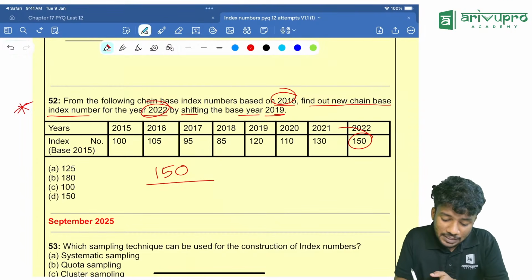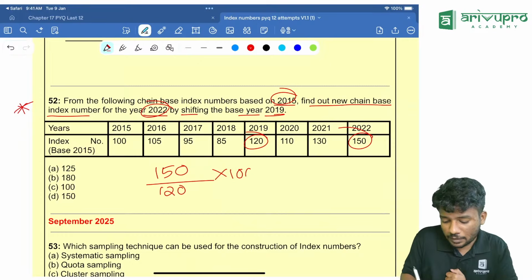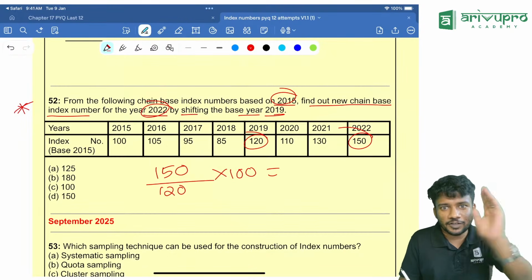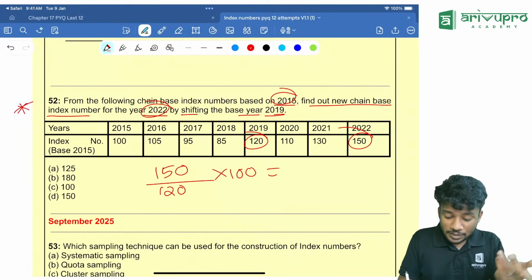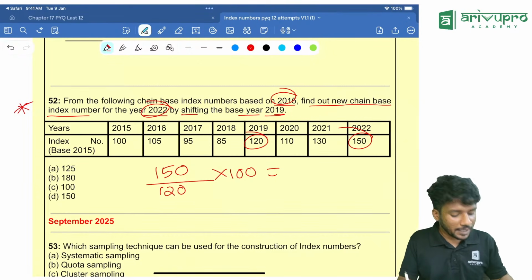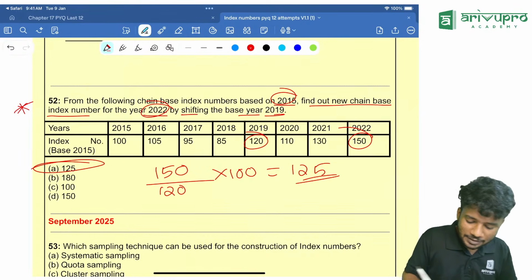Now in 2019, how much is the base index? That is 120. Then multiplied with 100. This is the shortcut. Whenever you get a question like this, take the 2022 and the year to which we need to shift. That means 150 by 120 into 100, which is equal to 125. Option A is your answer.